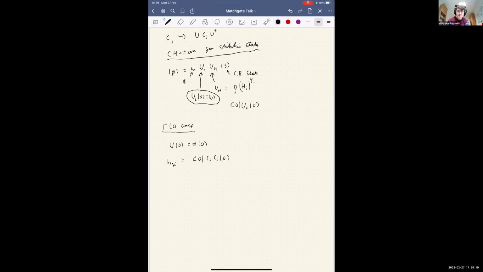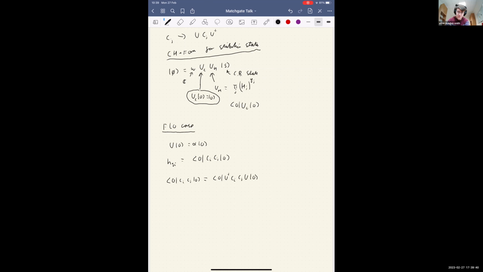And then look at what happens when I stick unitaries which preserve |0> in this expression. In particular, <0| c_i c_j |0> is equal to <0| U dagger c_i c_j U |0>.